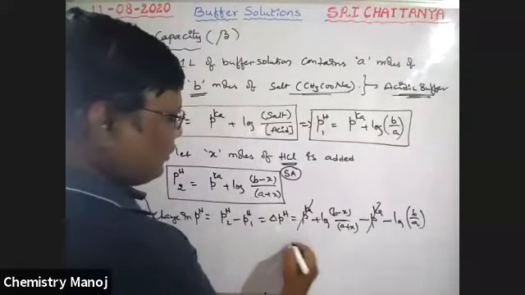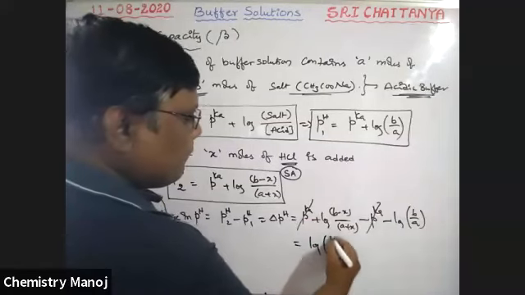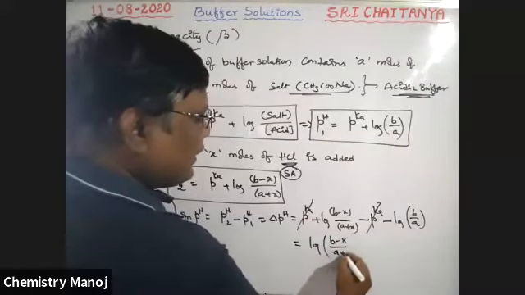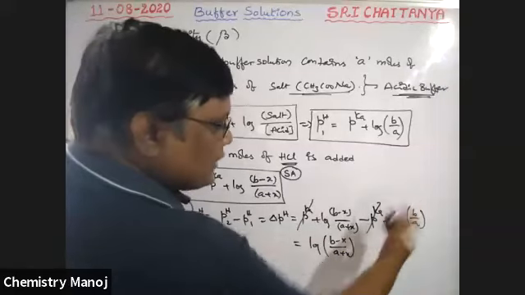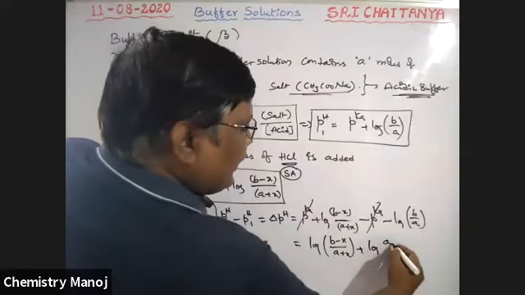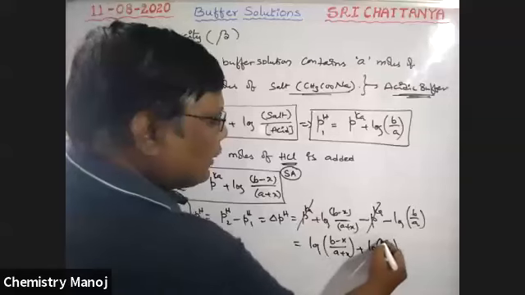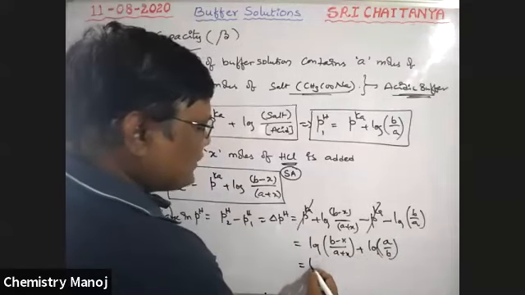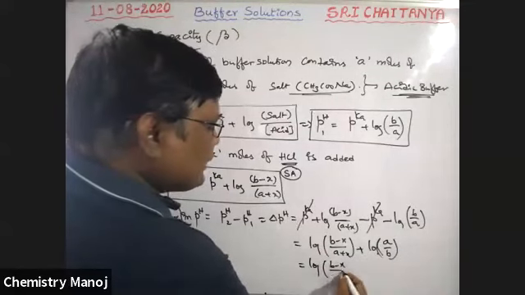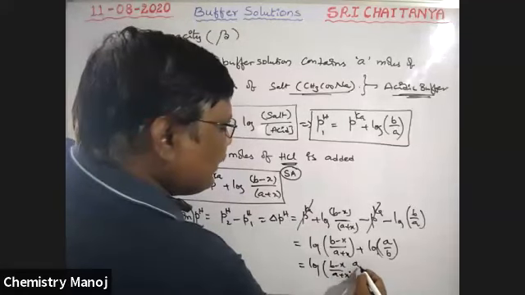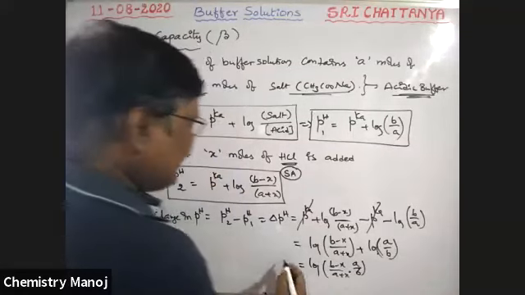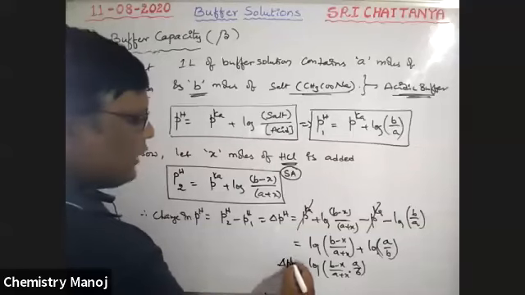So that is equal to log B minus X by A plus X. So it is inverse, that is plus log A by B. So that implies log B minus X by A plus X into A by B. Therefore, change in pH.